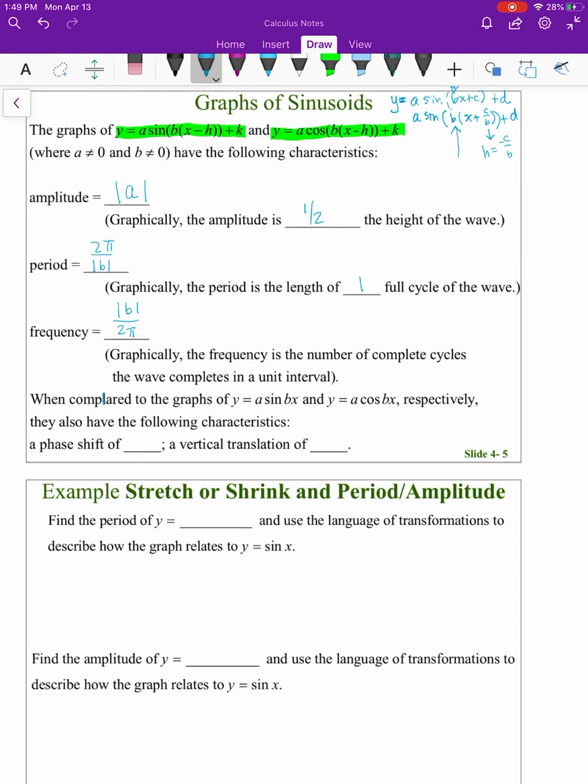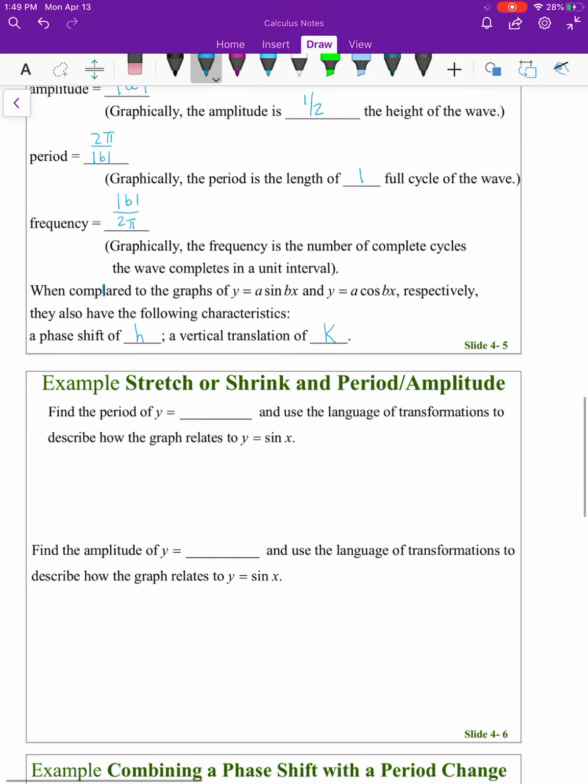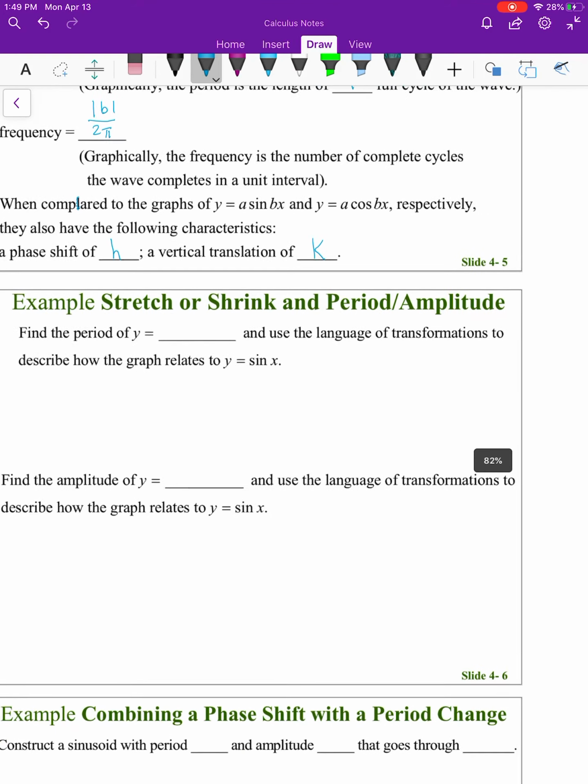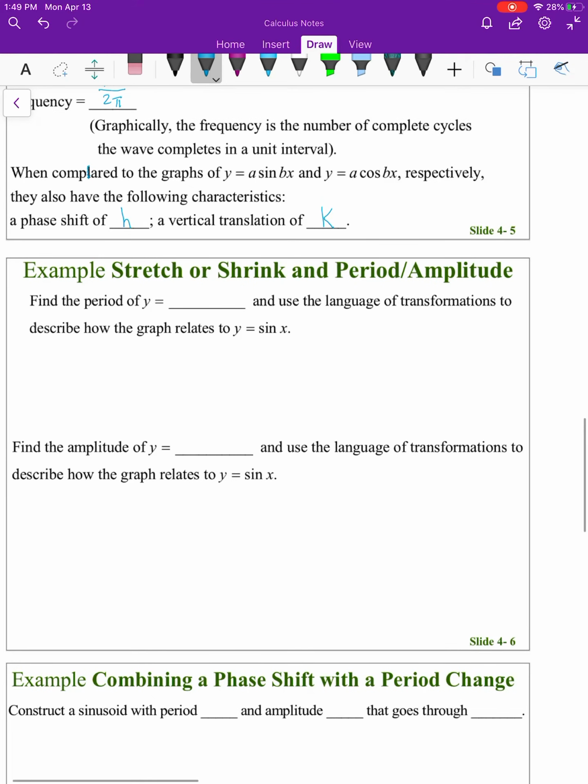I noticed we have a little mistake right here, but when compared to the graphs of y equals a sine bx and y equals a cosine bx respectively, they also have the following characteristics: a phase shift of h and a vertical translation of k. Okay, so that's where your h and k come in, and that is just taking your regular y equals the sine of x and y equals the cosine of x, and shifting it.